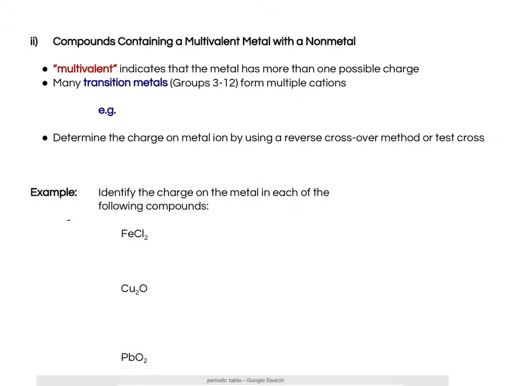So now things are going to get slightly more complicated because I want to teach you the rules for naming compounds that have multivalent metals in them. Multivalent, as we've talked about, indicates that the metal has more than one possible charge. So for example, if you have your periodic table close by, you'll be able to see that if you look up iron, iron can form ions with 2 different possible charges.